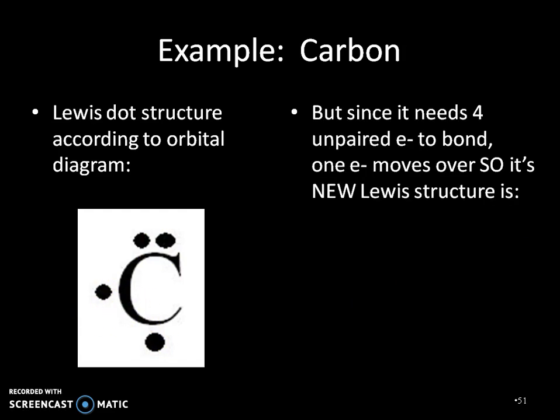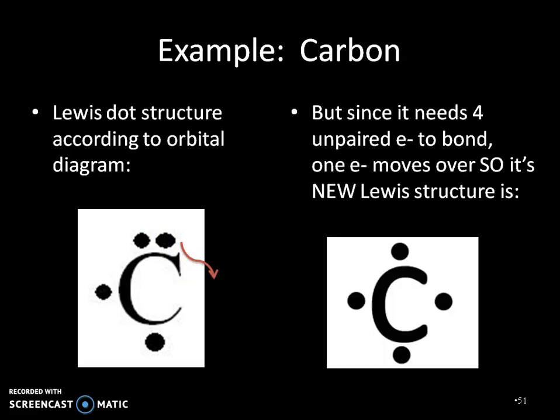However, we know that carbon can bond 4 times. So since it needs 4 unpaired electrons in order to have 4 bonds, we actually have to take that 1 electron and move it to the side, making 4 evenly energetic electrons, if that makes sense.